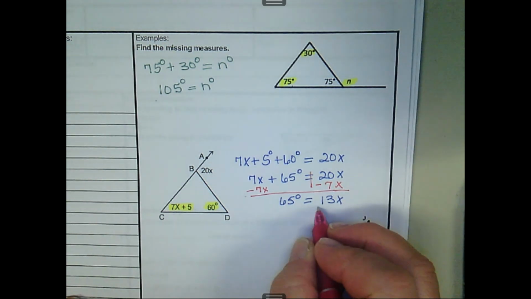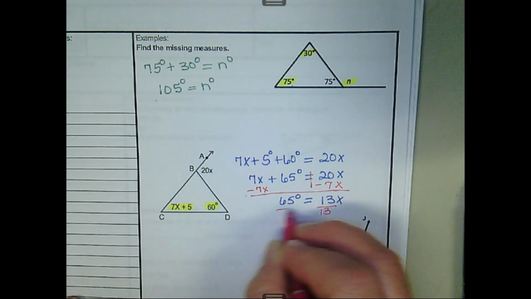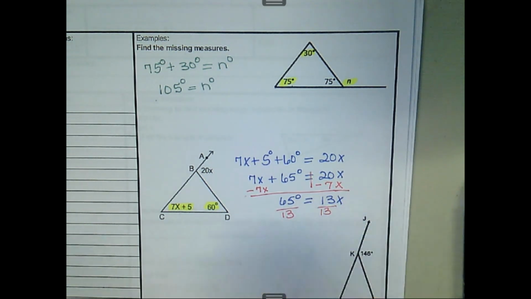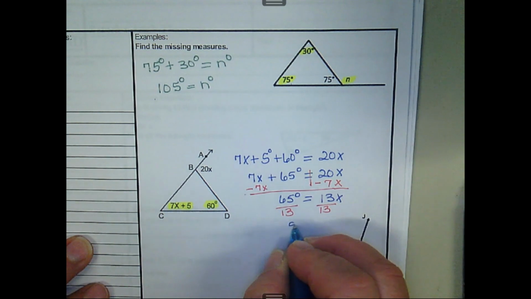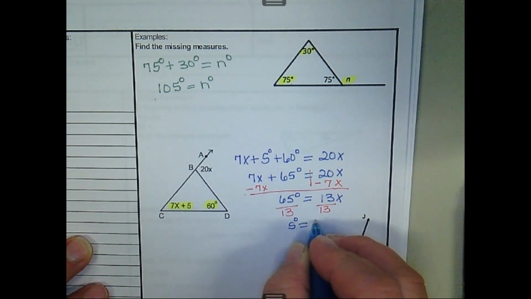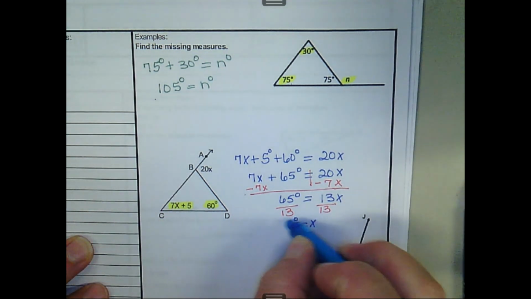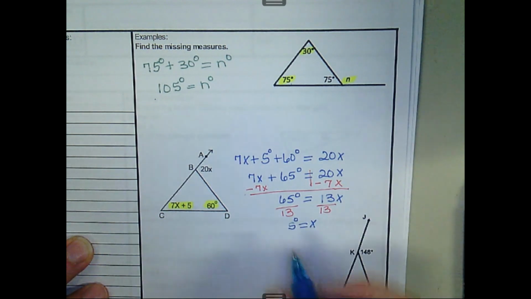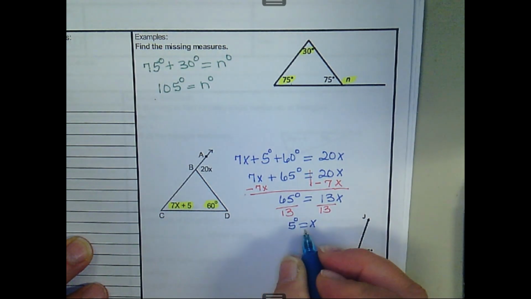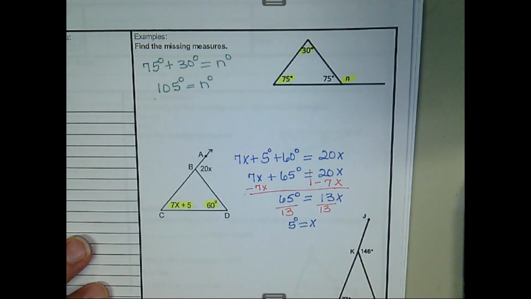Divide both sides by 13. I'll give you a minute while you divide it with your calculator. What is 65 divided by 13? Well, I hope you got 5 because 5 degrees is the correct answer. 5 is equal to x. That looks more like an S than a 5. So there we go, that looks better.